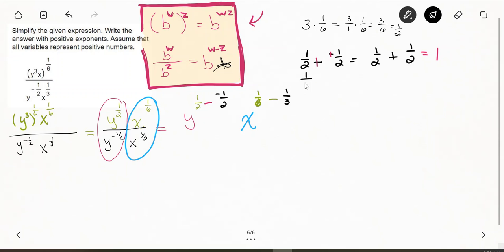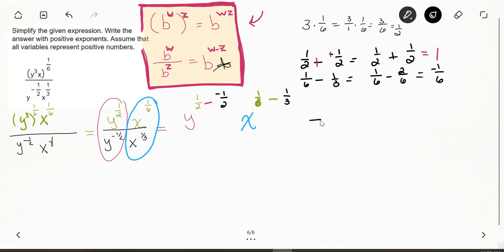And off to the side, if I did 1/6 minus 1/3, that's the same as saying that we've got 1/6 minus 2/6. Or you could use a calculator to do that arithmetic, but it's negative 1/6, right?